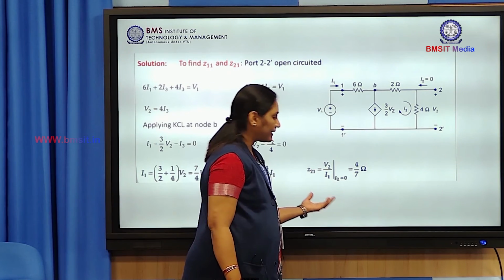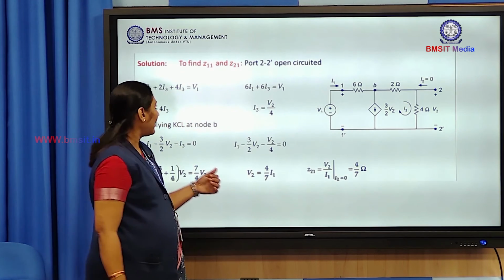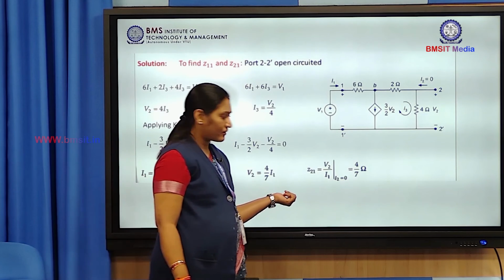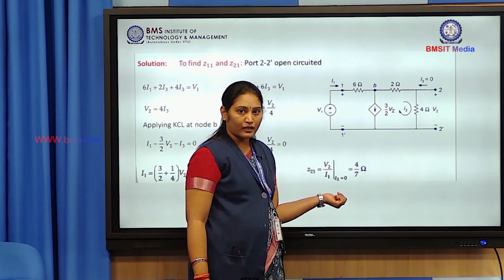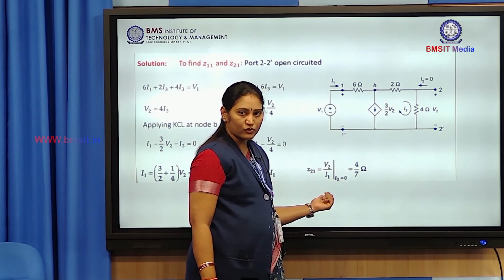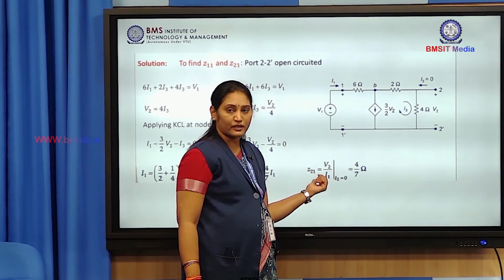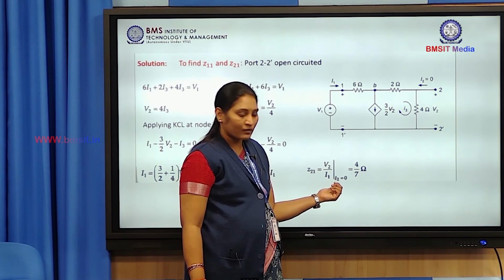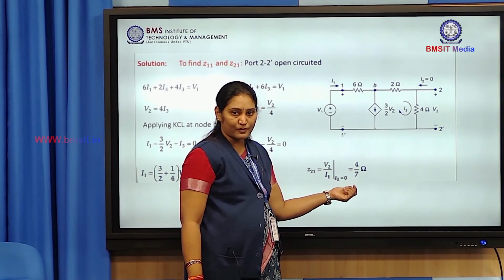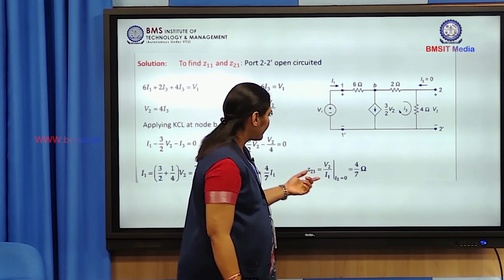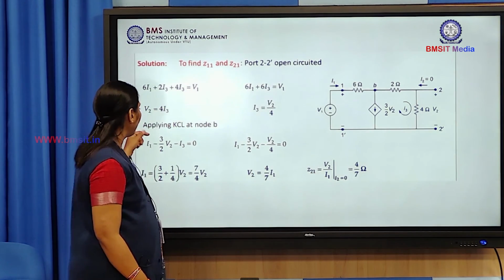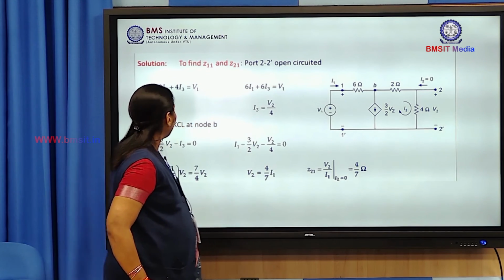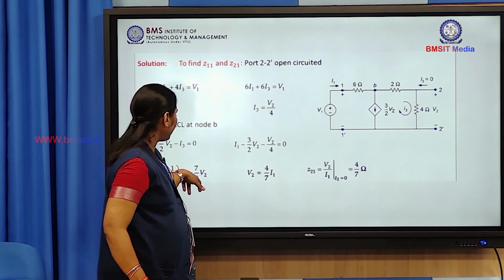From this we know V2, and we know V1, so we will evaluate Z11 and Z21. Z21 equals V2 by I1 when I2 equals 0. By substituting the values, we have 4 by 7 ohms, where V2 is 4 into I3 and I1 is 7 by 4 V2.